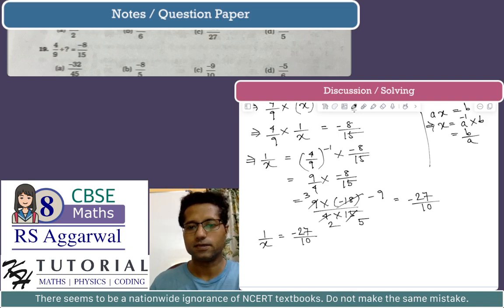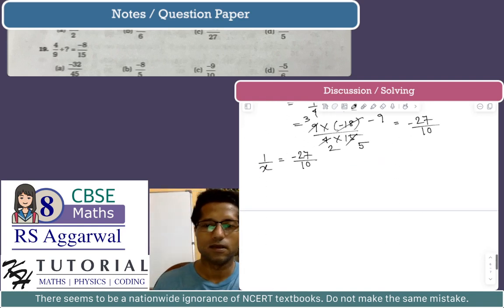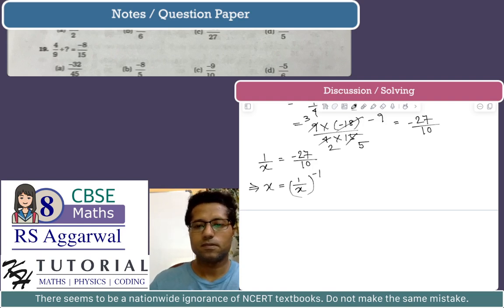But we have to find x because we have assumed the question mark to be x. We have to find x, and we have found 1 by x. Now what is x? If I take the reciprocal of 1 by x, it will be x. X is nothing but the multiplicative inverse of 1 by x, and we know that 1 by x is minus 27 by 10.